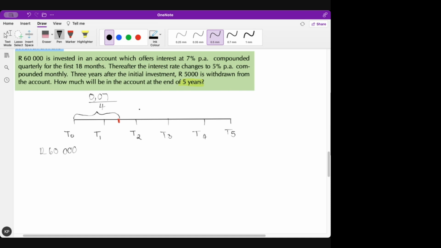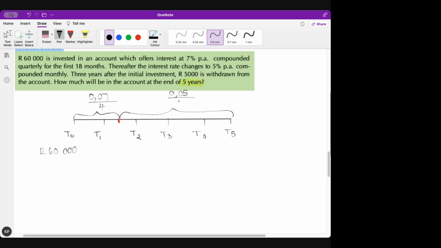Thereafter, it changes to 5% per annum compounded monthly. So for the rest of this time period, it's going to be 0.05, and it is compounded monthly, which means how many times per year? 12.